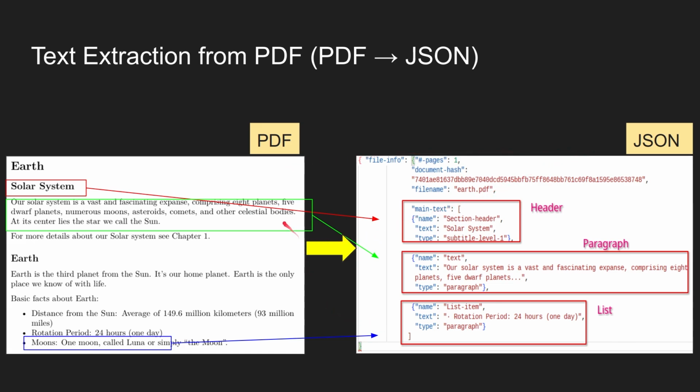So again, if you look at this conversion, you can see the output is in JSON. So for example, the header, solar system, it's coming in. And then you also see the type. It's a subtitle level 1. And then here's a paragraph text extracted. And also the bullet point list items are coming in. You see, right? They are list items.